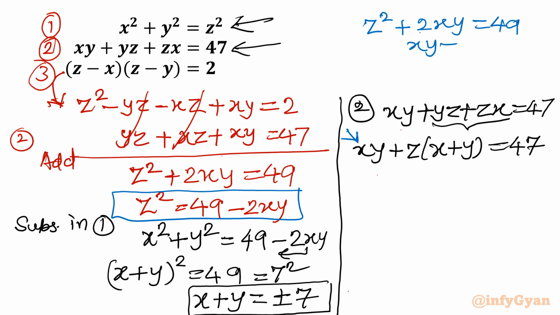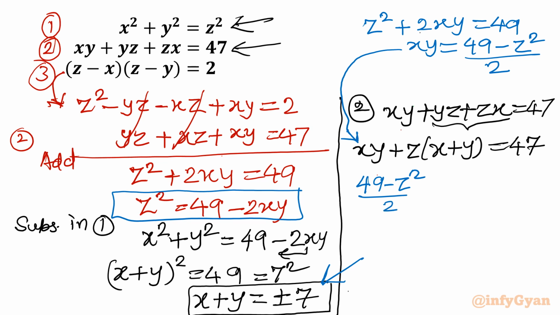So xy = (49 − z²)/2. So let us put (49 − z²)/2 + z(±7) = 47. Once I simplify this equation, it comes out z² ± 14z + 45 = 0.